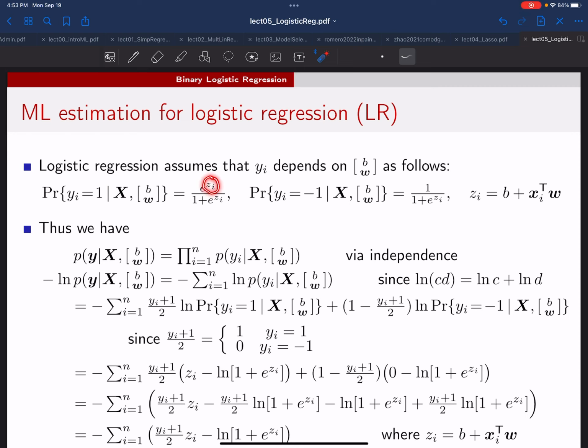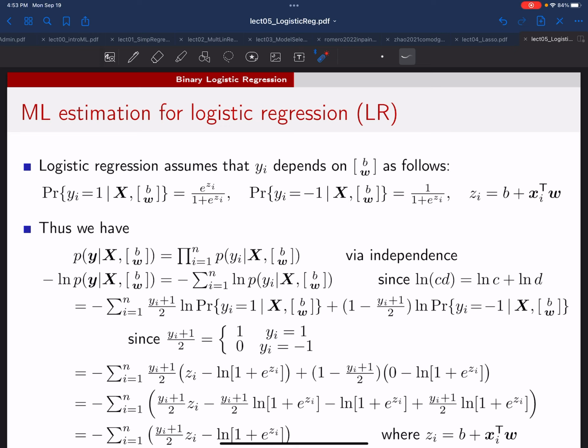Here we have Zi as the ith score, and the ith score is made by the intercept plus the ith feature vector times the vector of weights W. So that's what it is when y equals 1. When y equals minus 1, we're missing the numerator. Okay, so that's what we're given.